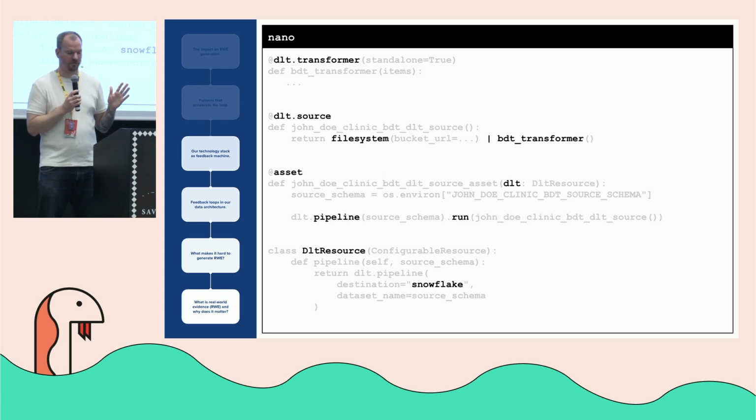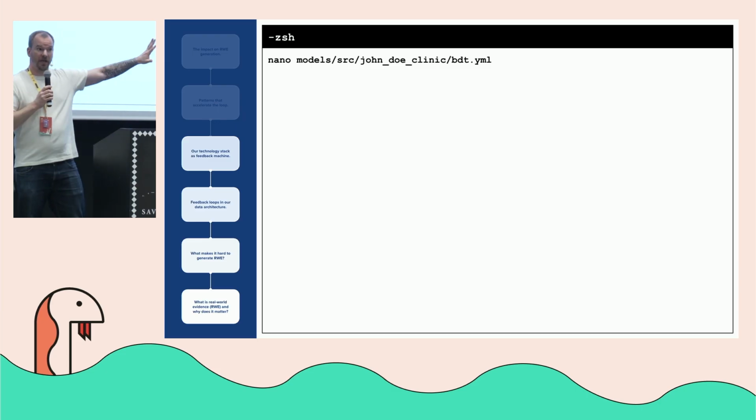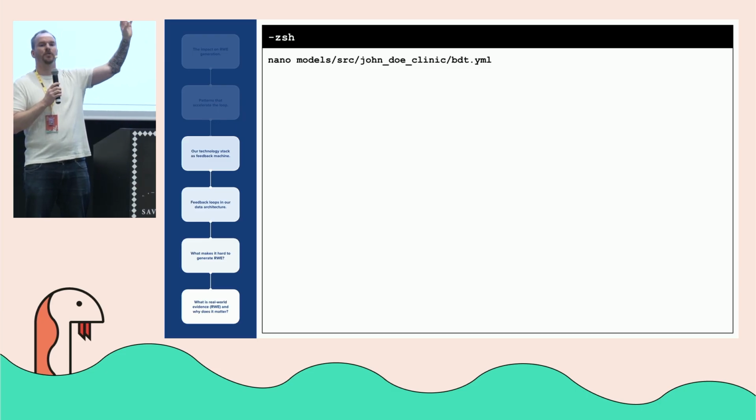It's just 4 lines of code. We basically tell DLT the destination is Snowflake, and the connection information is passed by environment variables. Okay. So now we have a DLT pipeline, which again extracts the data, normalizes it, and loads it to Snowflake.